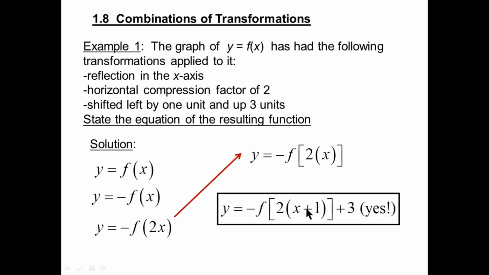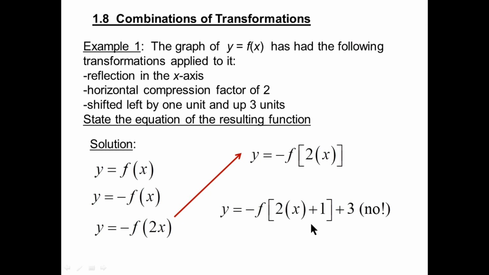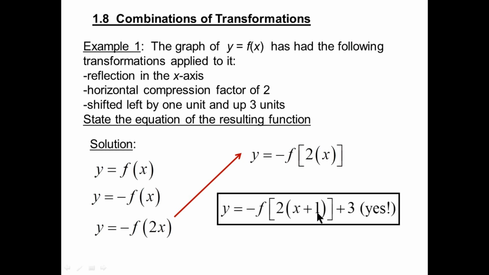So this is right because this is left by 1 unit because there's brackets around the x plus 1, while this is wrong because the brackets don't include the 1. So we'll do it like this, left by 1 unit and up by 3. And there it is. y equals negative f of 2 times (x plus 1), plus 3.